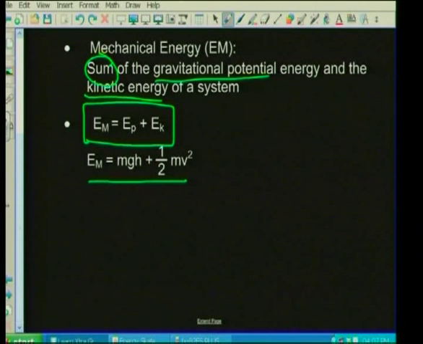For both of these, m is the same. m can't change, it's the same object. So this is the mechanical energy for one object or one group of objects that are moving together. You get that? It's not a case of the potential referring to the pen and the kinetic referring to my hand moving. That's just silly. It's one thing, and we're going to look at how it moves, okay?